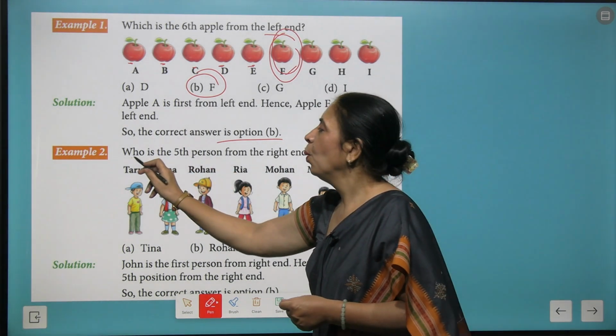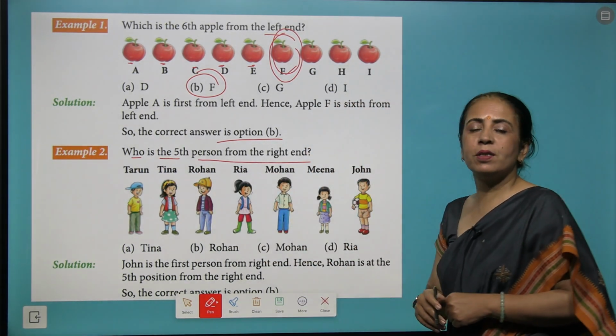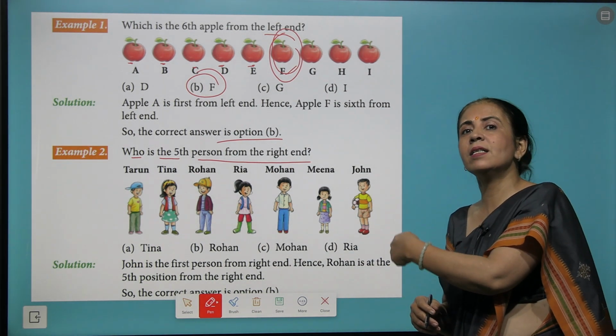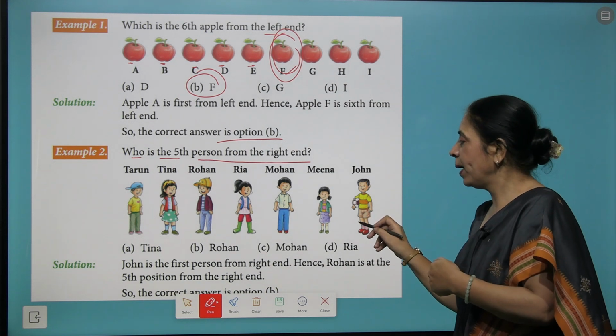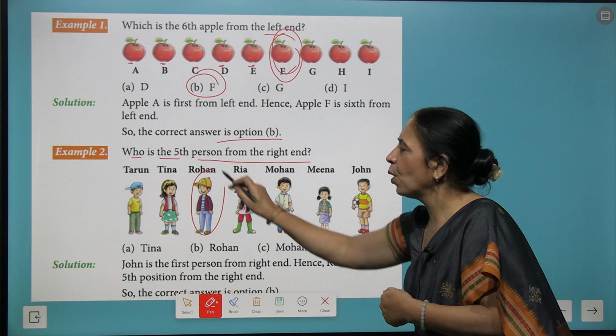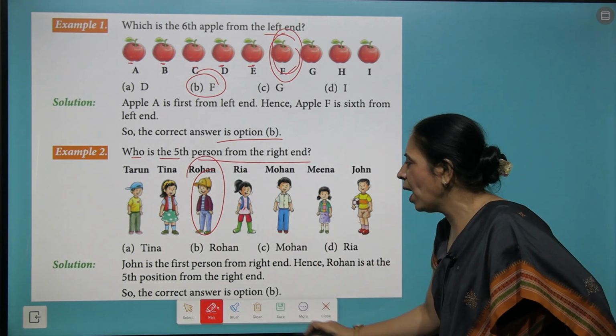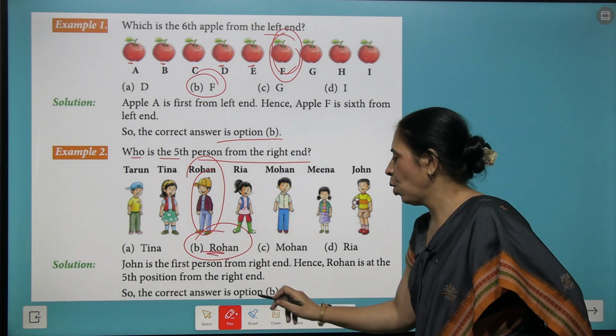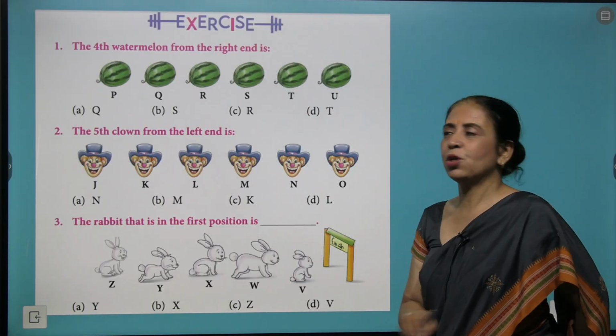Moving further, who is the 5th person from the right end? So your starting point is the right. And from here we count first, second, third, fourth and your answer becomes Rohan. So Rohan is at B point and your B option is the correct option.